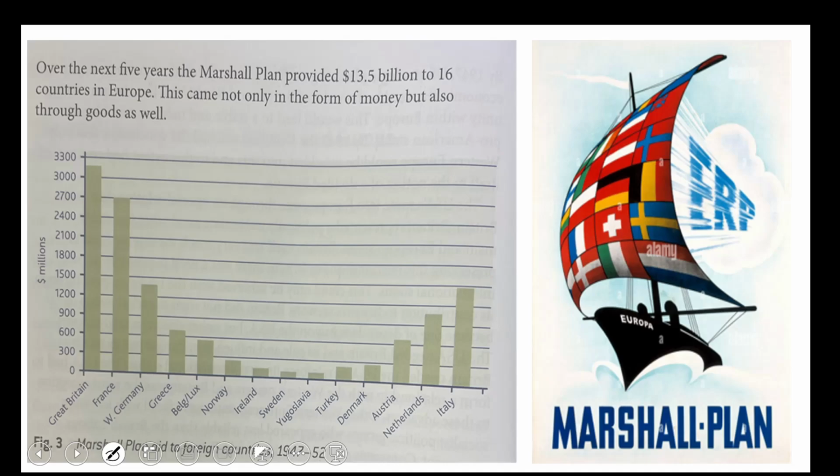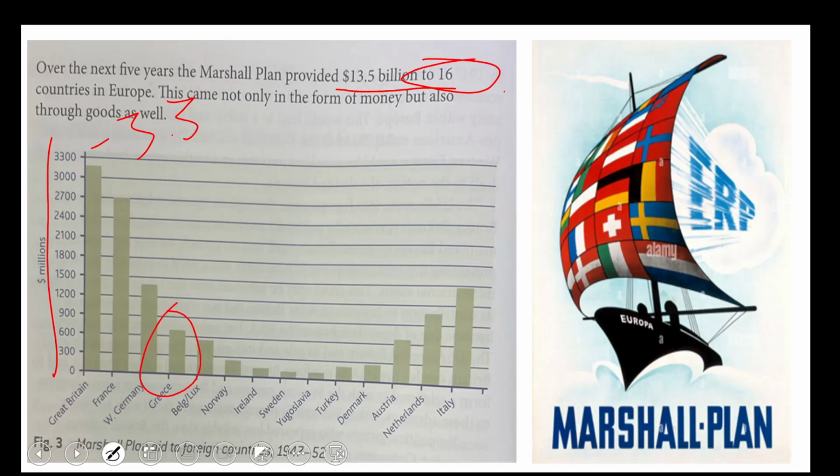So let's just go into this in a bit more detail. If we look at the slide here, we can see the $13.5 billion and the 16 different countries it was given to, with Britain coming in top with around $3.3 billion. France coming in second, West Germany and Italy tying for third.